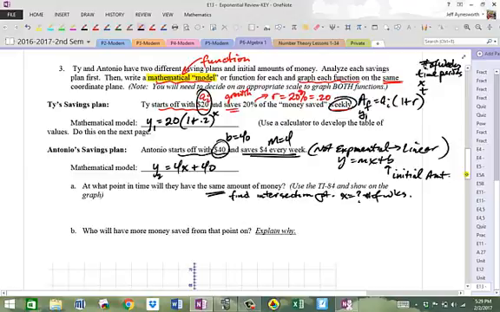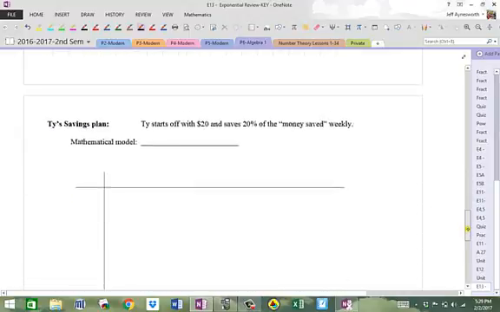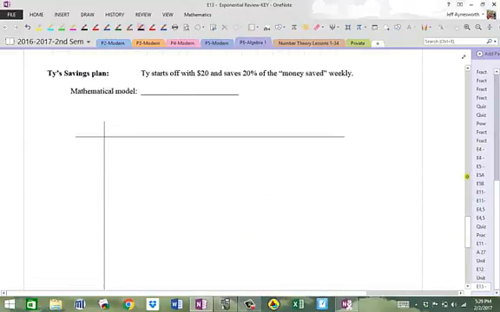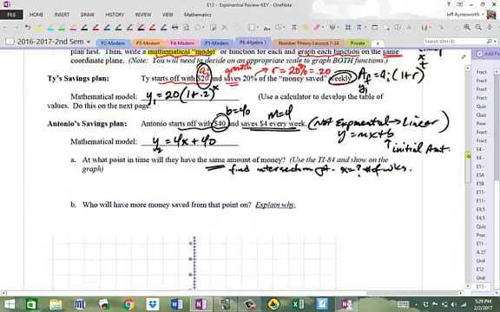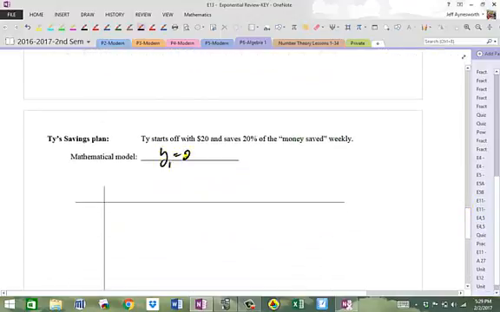Well, we could start at negative, but the domain here would only be positive. We only consider positive values, but what the heck? Let me write it here. So Ty's mathematical model: 20 times 1.2 to the x power.